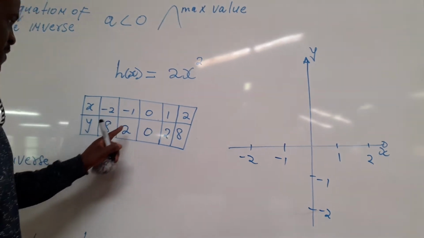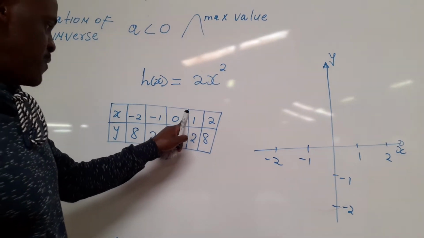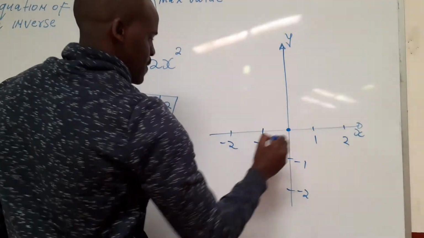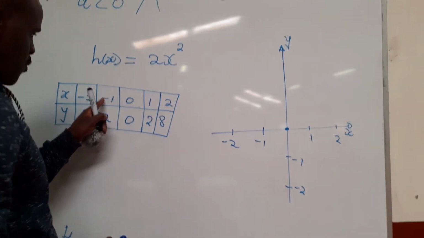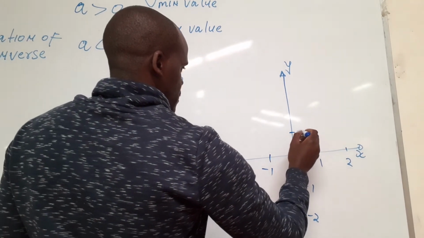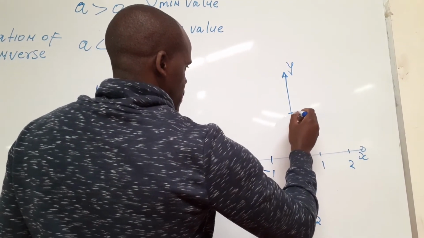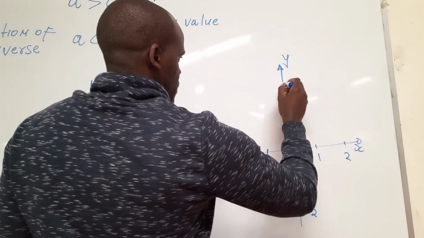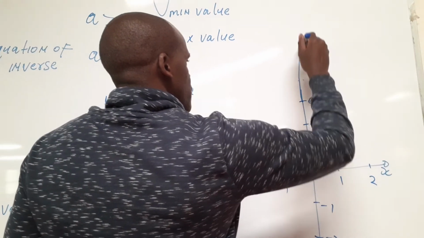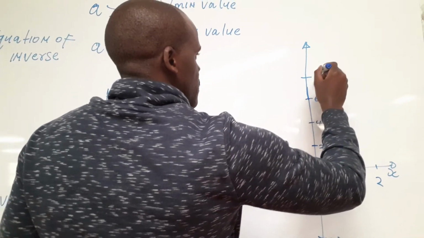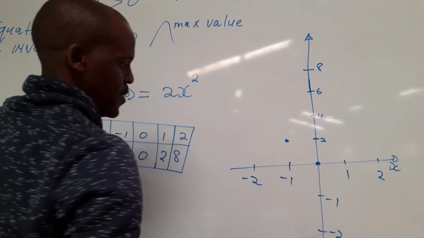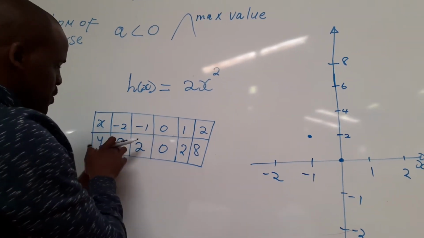Let's start from here, 0 is to 0. -1 is to 2. 1 is to 2, should be there. -2 is to 8.